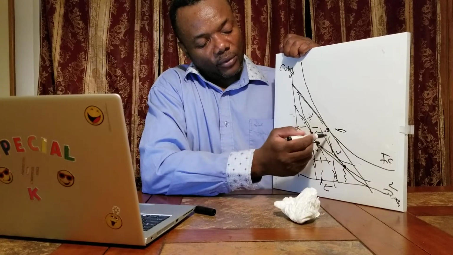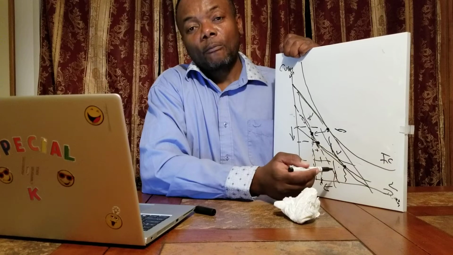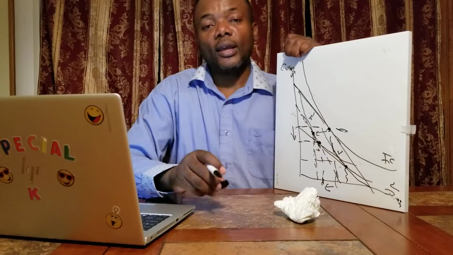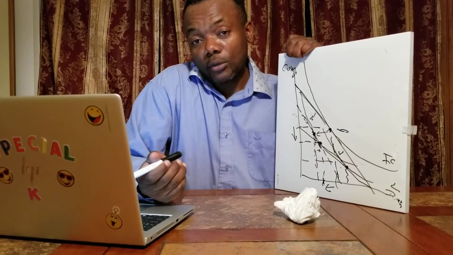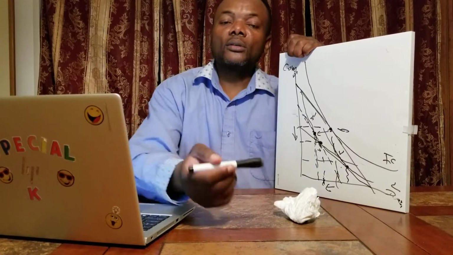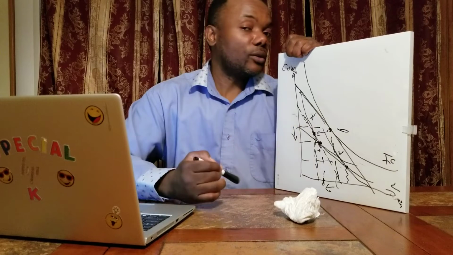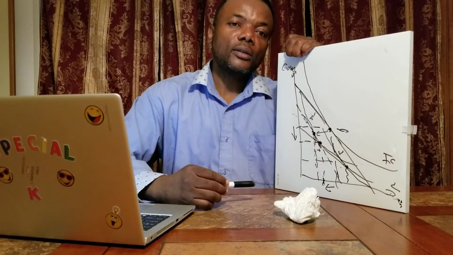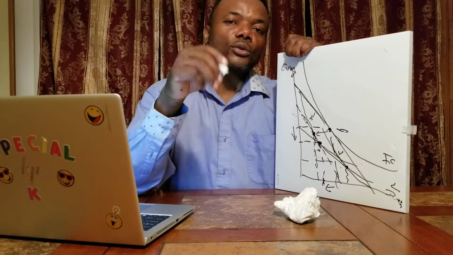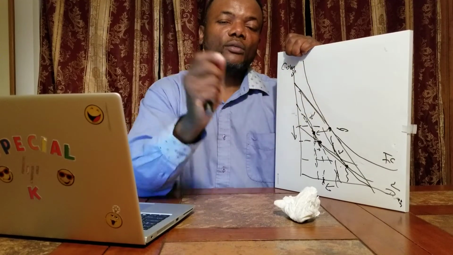So his income effect will be increased. Okay, that is when labor or leisure is considered as not a normal good. But under normal circumstances, when your wage decreases, your consumption will decrease, and there will be a substitution effect.